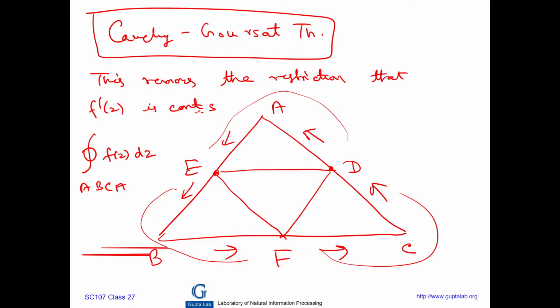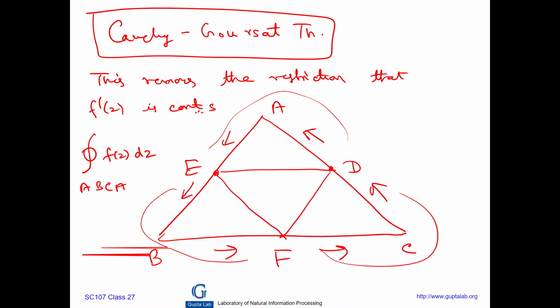ABCA was divided into integration along DAE plus integration along EBF plus integration along FCD. Correct? The whole path is complete, the simple closed curve, right?